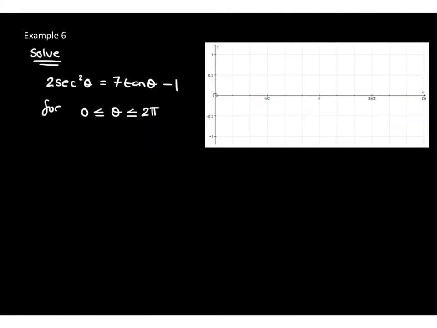Now, my final example is very similar. Have a look at what we have here. 2 sec squared theta equals 7 tan theta minus 1. Now, you need to become absolute experts at spotting the connection between sec and tan, because of course we learnt 2 new identities, and one of those new identities tells us that 1 plus tan squared theta is equivalent to sec squared theta.